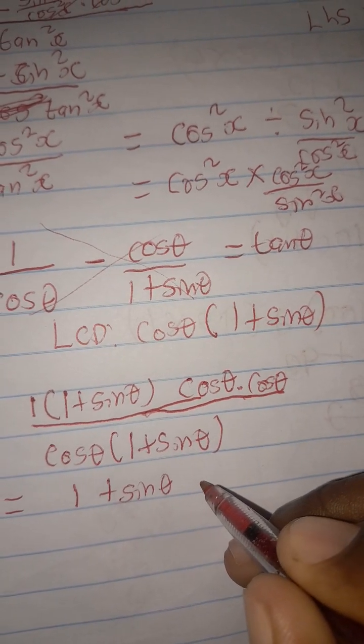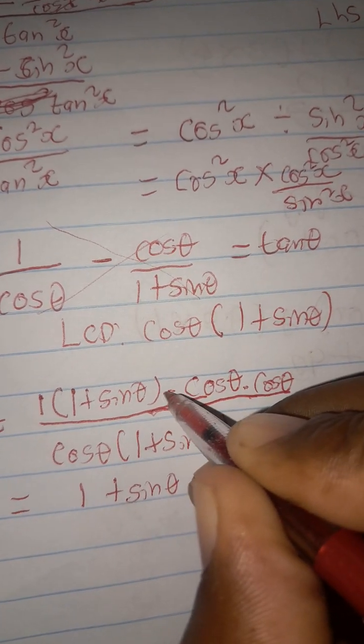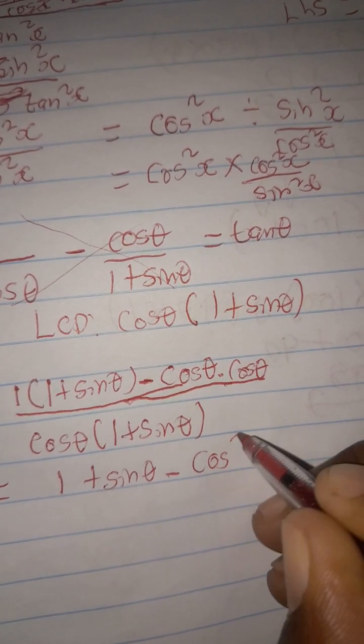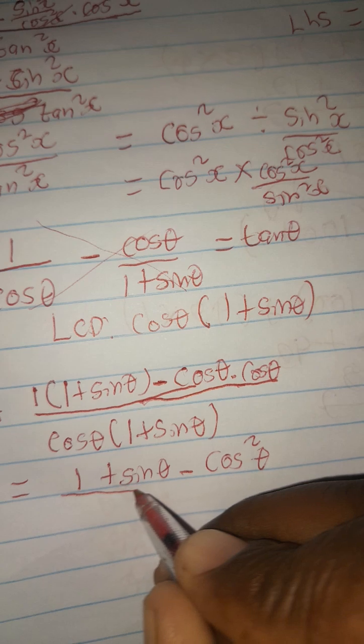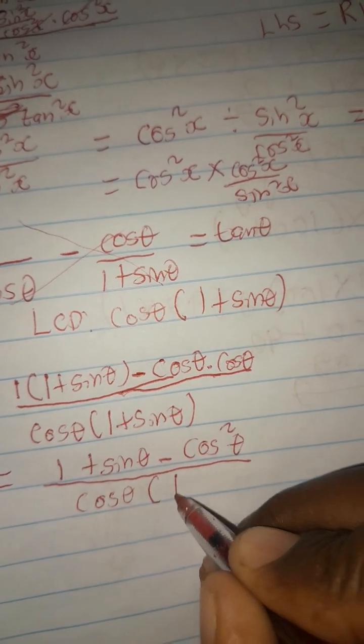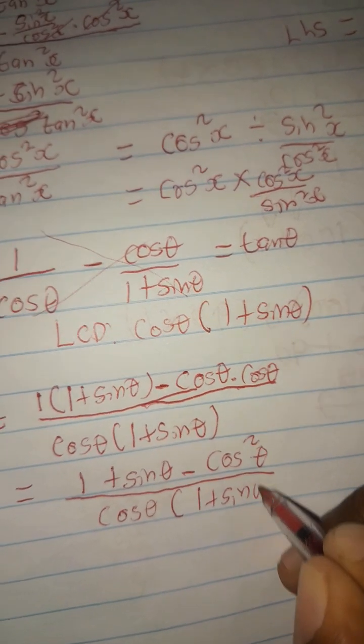Cos times cos, remember there's a minus here. Cos times cos is cos squared theta. And we have cos theta as well as 1 plus sine theta.